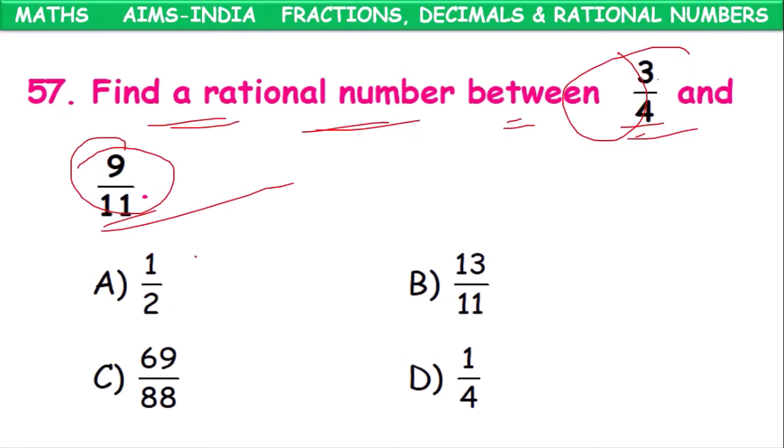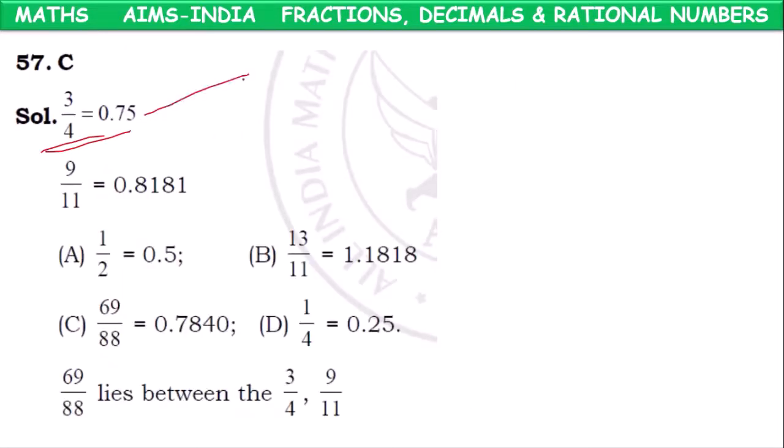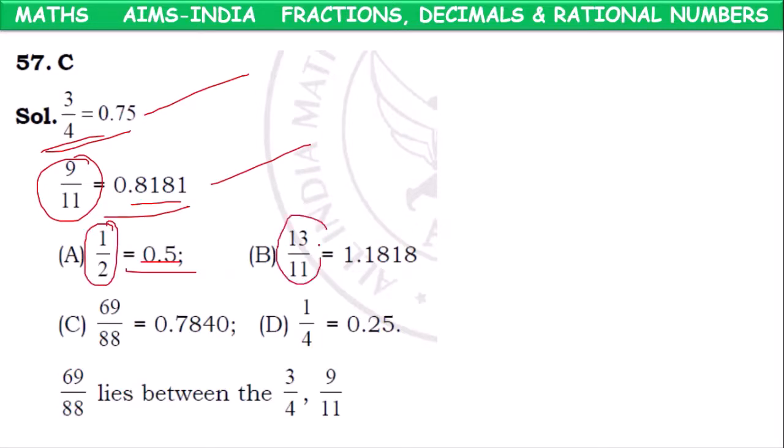So, actually they are doing it here by options. 3/4 has the value 0.75. 9/11 has the value 0.8181. Option A has the value 0.5. Option B, 13/11, has the value 1.1818. Option C has the value 0.78.